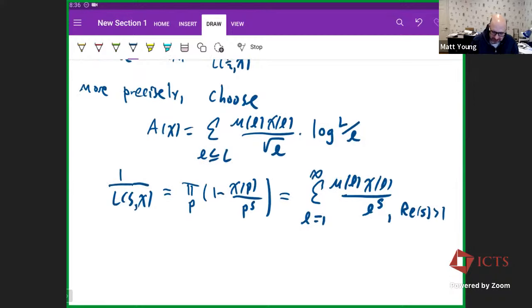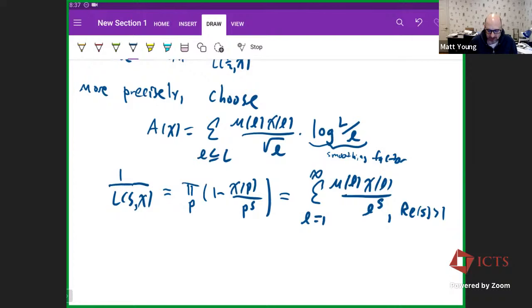There is an important feature, which is this log of capital L over little l. This is some kind of a smoothing factor. If little l is pretty small, like little l is 1, then this is like log of capital L. But the closer little l gets to capital L, the smaller this weight function becomes.